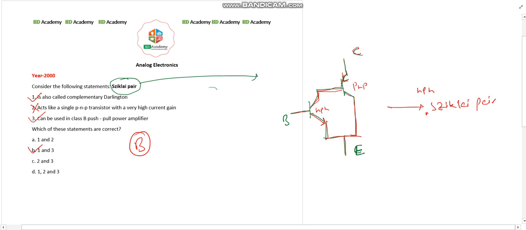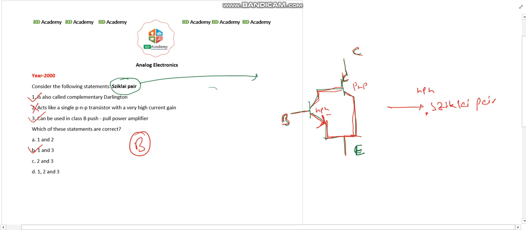The collector of the second transistor, the PNP, is connected with the emitter of the NPN transistor and acts like an emitter. The base of the first transistor, the NPN transistor, acts like a base. So this is the NPN Ziegler pair. Its name comes from the first stage, which is NPN, so it's the NPN Ziegler pair.